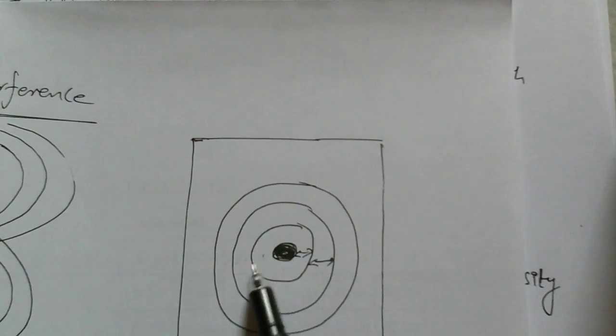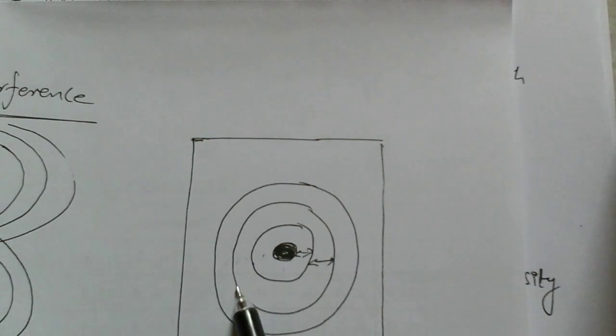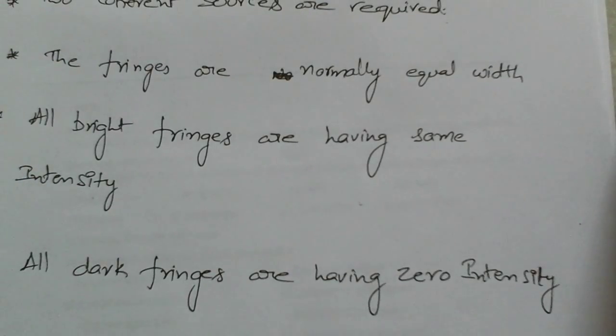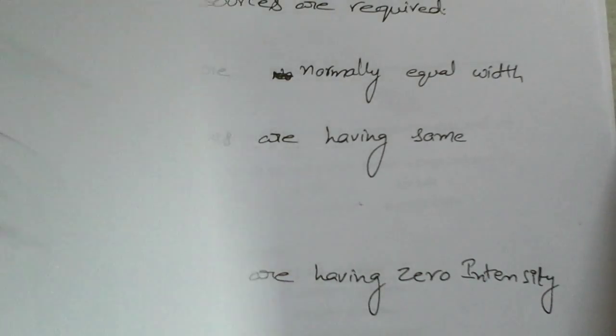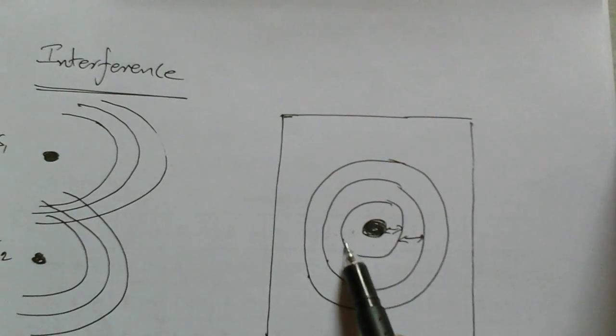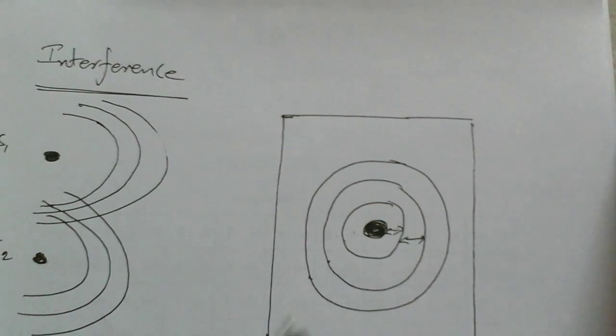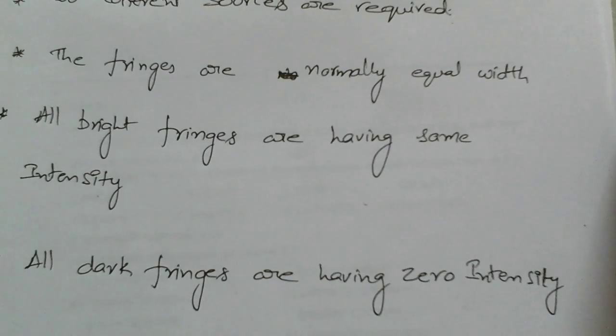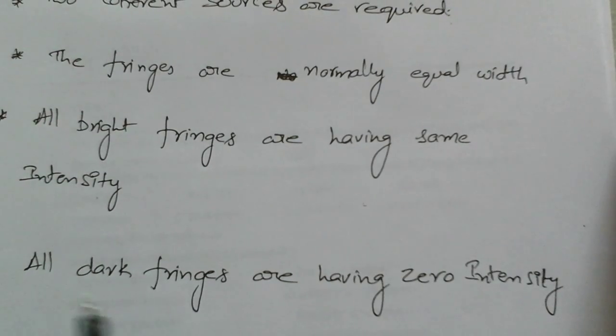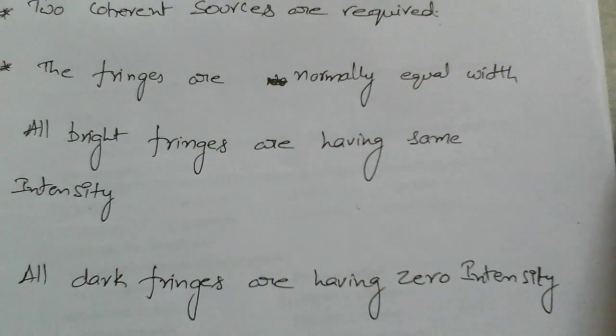This dark fringe, this dark fringe, this dark fringe, the intensity is zero. So all dark fringes are having zero intensity.